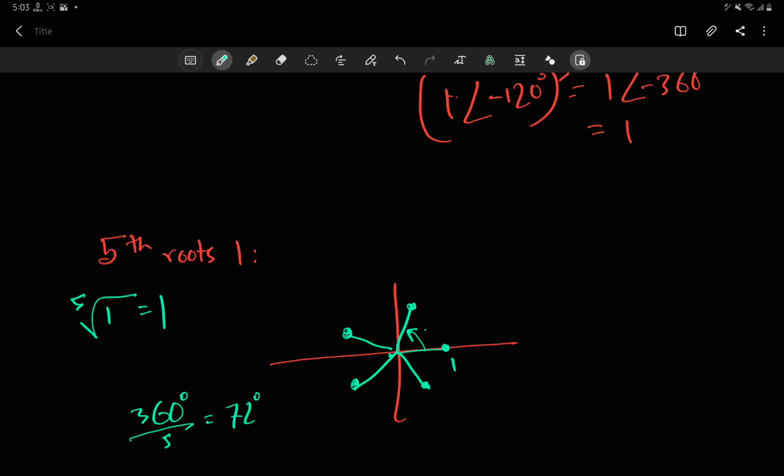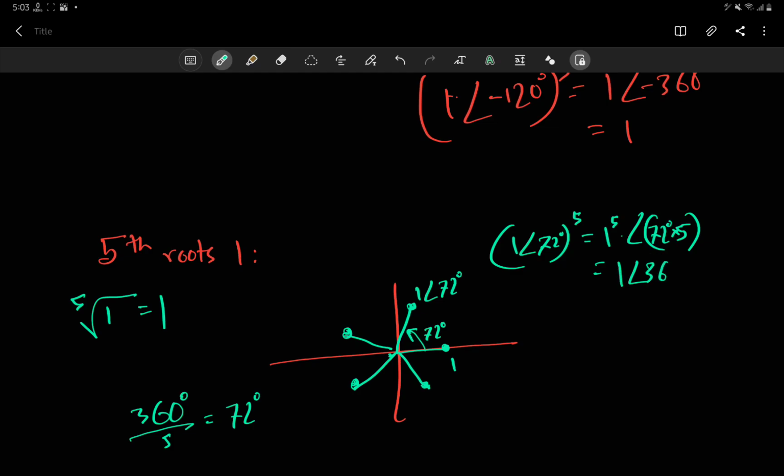So if you go 72 degrees anti-clockwise, you will reach 1 angle 72 degrees, and that's a root of 1, because 1 angle 72 degrees to the power 5 is 1 to the power 5 angle 72 degrees times 5. So for 360 degrees, you have just 1, and then you go another 72 degrees, you have another root.